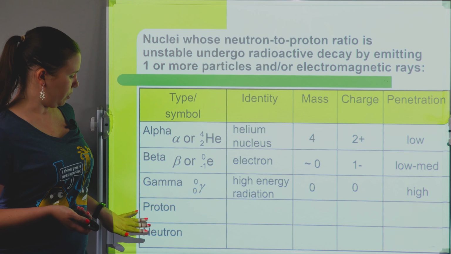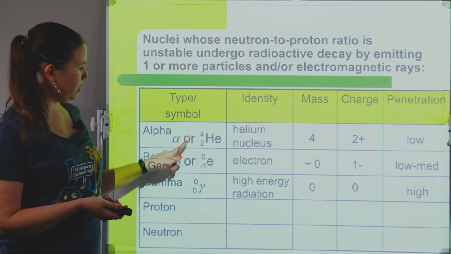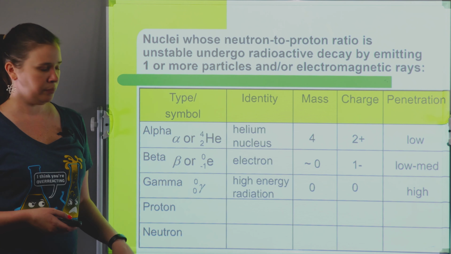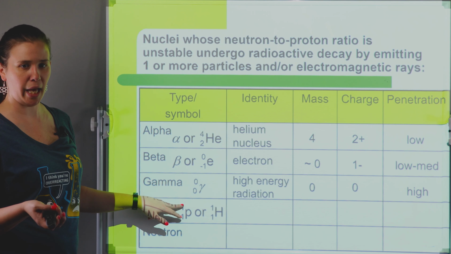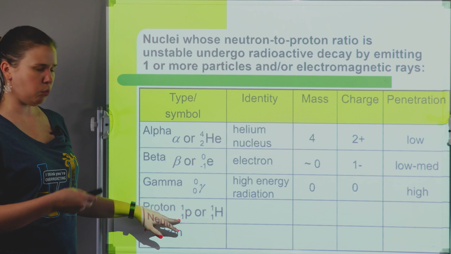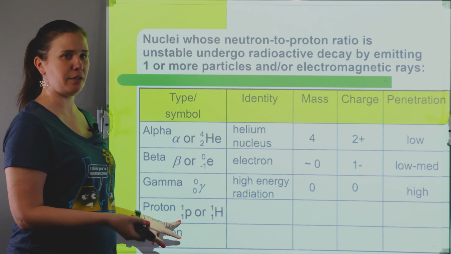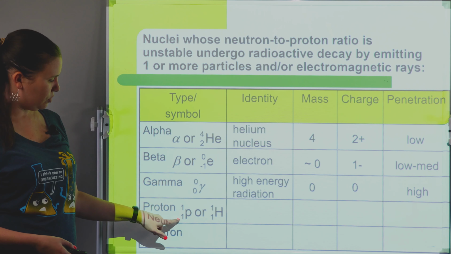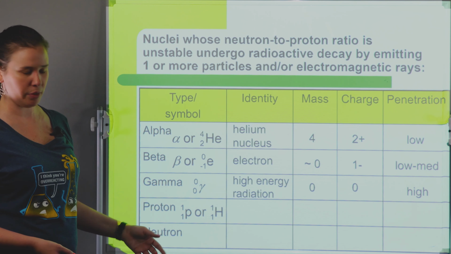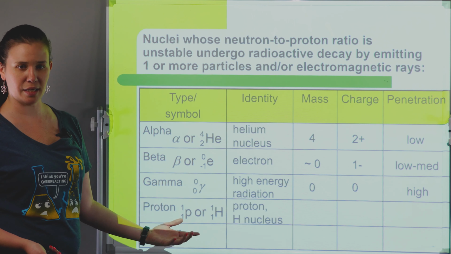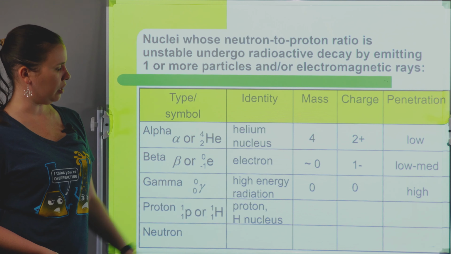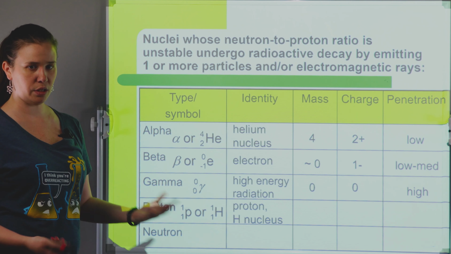Now we mentioned that protons and neutrons may also play a role, so we need to determine their numbers as well. So a proton would have 1 as its mass, and the atomic number counts the protons, so the number 1 is also used at the bottom. Remember, proton is the same thing as hydrogen, back to acids and bases, so we could call it hydrogen or proton either way.